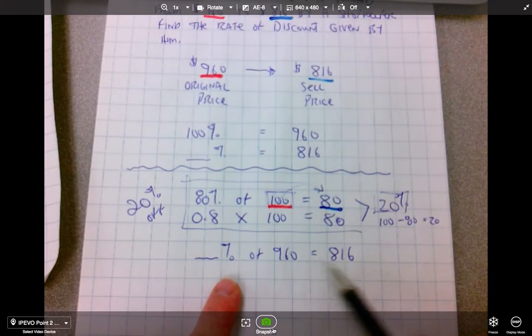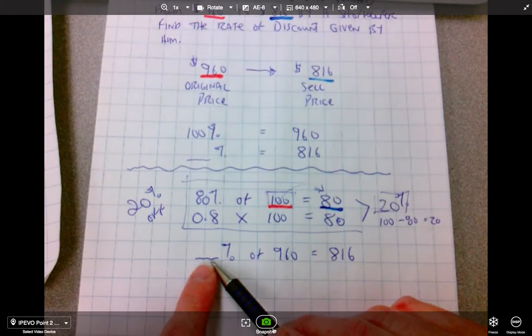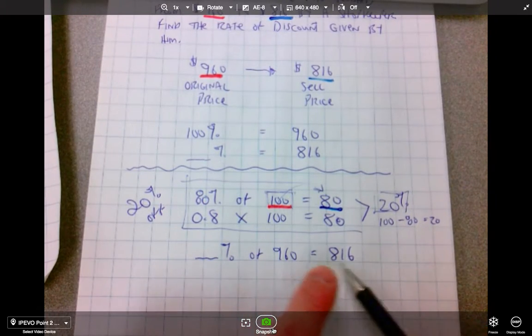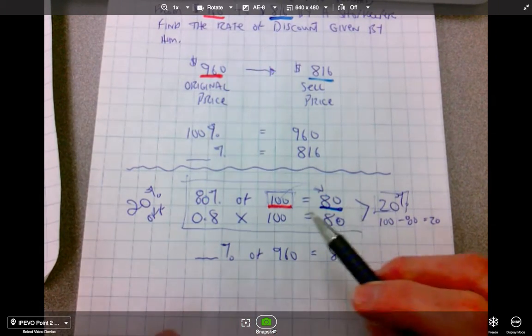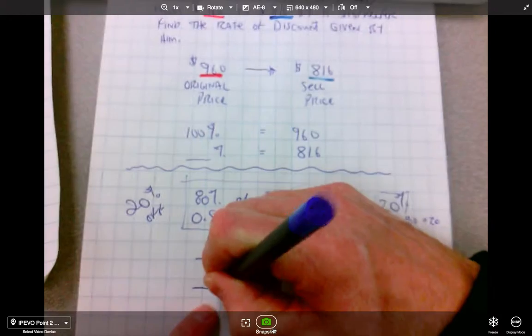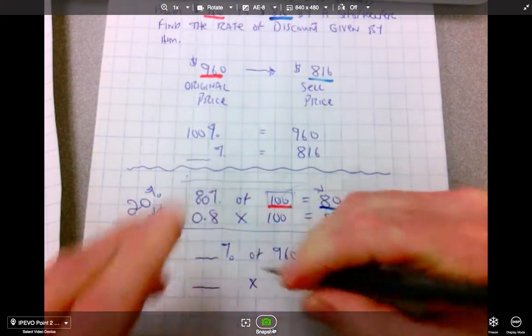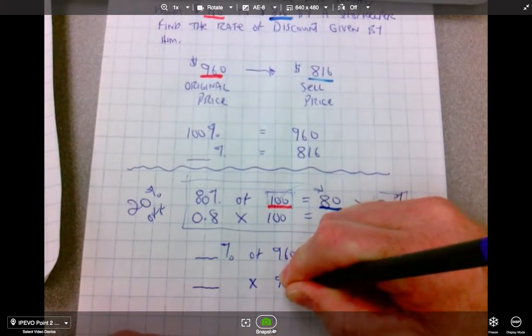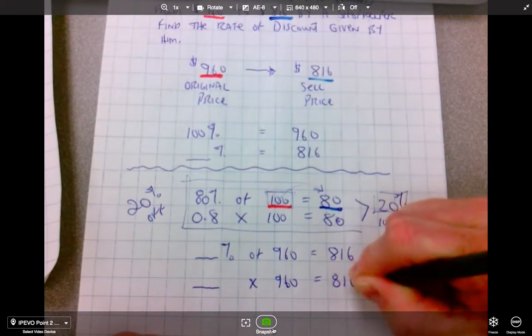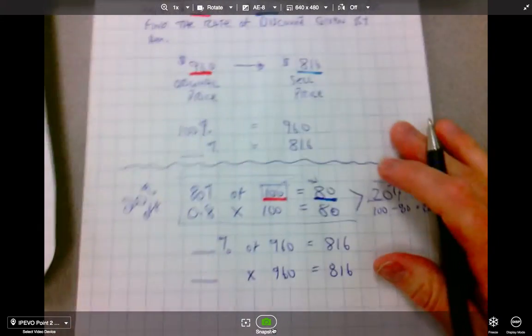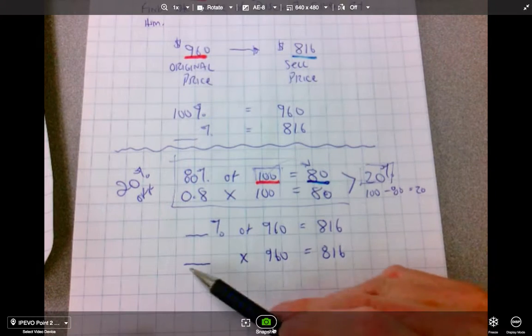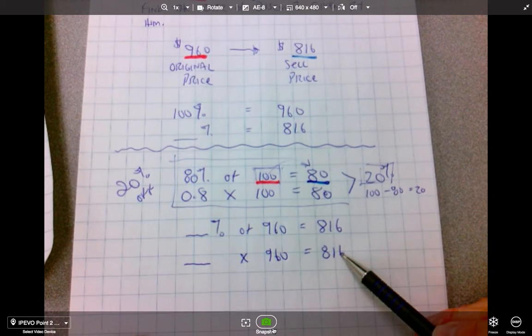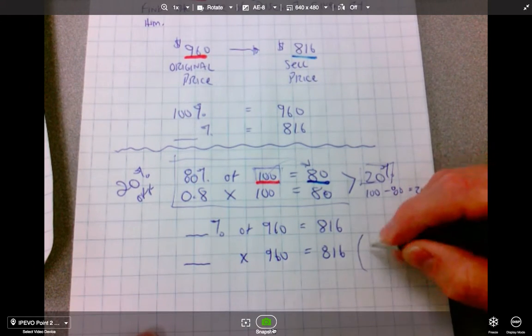So let's do this here. Something percent of 960 gives me 816. So some decimal number times 960 gives me 816. Well, something times something gives me this. Let's use some easy numbers to make sense of this.